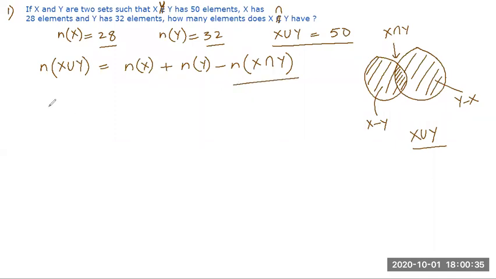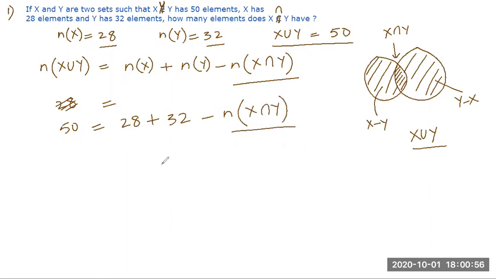So very simple. We will put all the values. X union Y is 50, equal to the number of elements in X, which is 28, plus the number of elements in Y, which is 32, minus n of X intersection Y, meaning the number of elements common to both X and Y. So from this we get n of X intersection Y is equal to 60 minus 50, which is 10 elements.